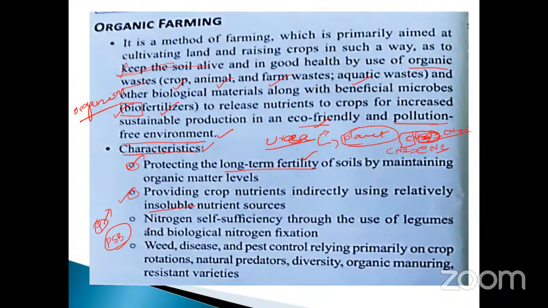And the next one is nitrogen self-sufficiency through the use of leguminous plants. Already you know all the leguminous plants store nitrogen in the form of proteins. Maximum pulses, already you know about. The pulses contain more nutrients, particularly the biomolecule protein.